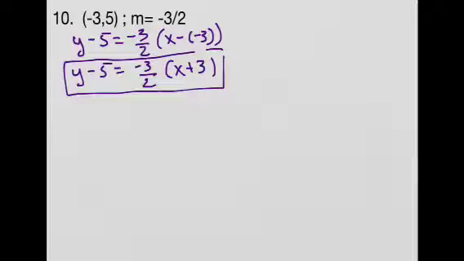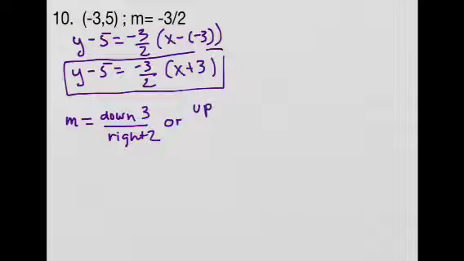Okay? 3 additional points. Well, the slope tells you that it goes down 3 and right 2. Right? Down because it's negative. Or you can go up 3, left 2. Okay? So remember, the up and down affects the y.